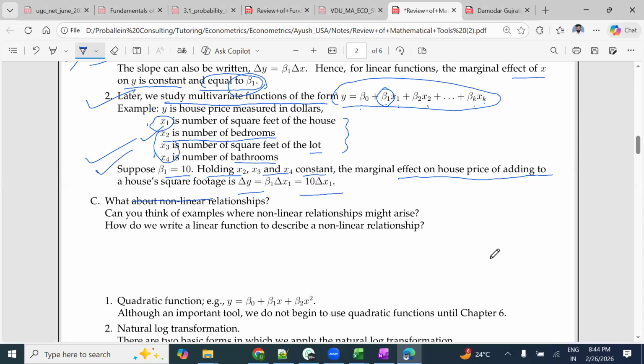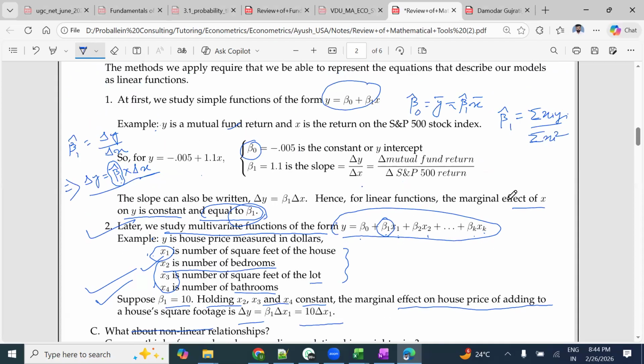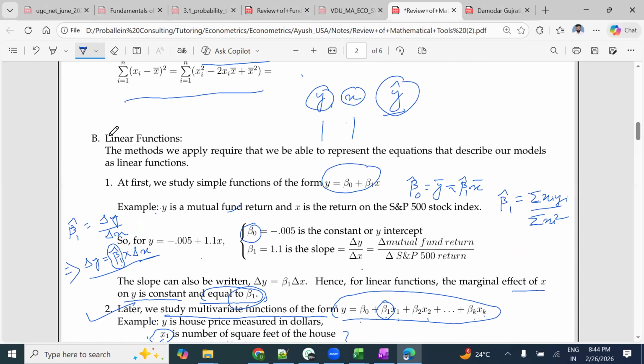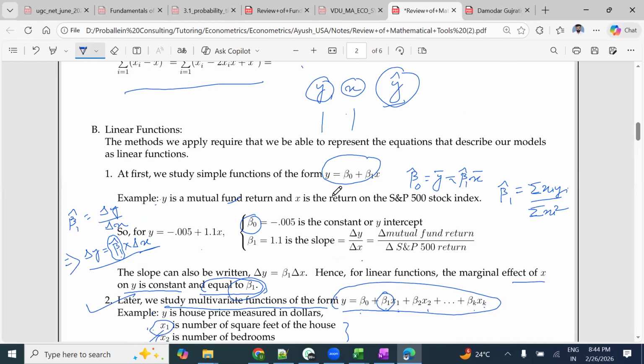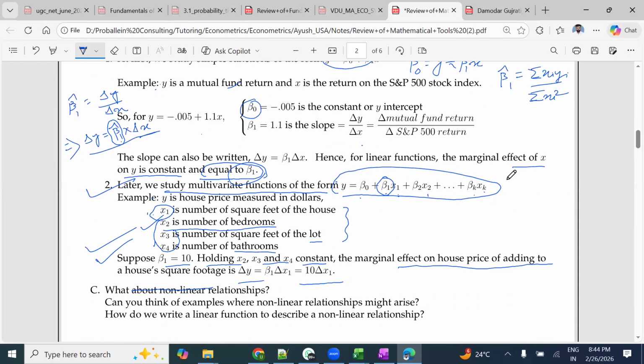Of course we will discuss these questions so that it will be clear. But today, in section B, we are only saying what the application of a linear function is and how you will interpret it. The marginal effect of x on y is constant. Beta 1 is constant in a linear function across the data points. That is what I am trying to say. That is why you get a straight line, isn't it?